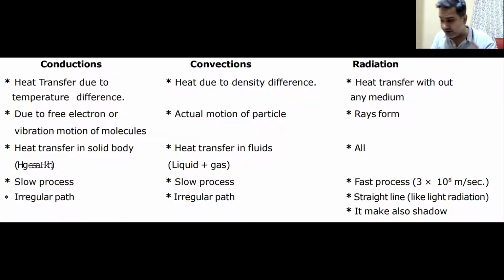This table is in your sheet, but I would expect you to write it down with your own hands. Conduction: heat transfer takes place because of temperature difference. See this pen, one end is at a higher temperature, the other end is at a lower temperature. So it takes place because of difference in temperature.